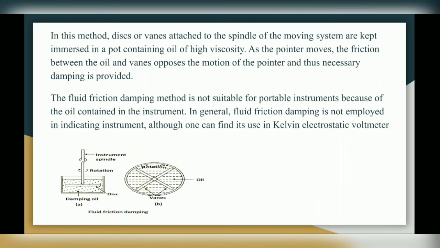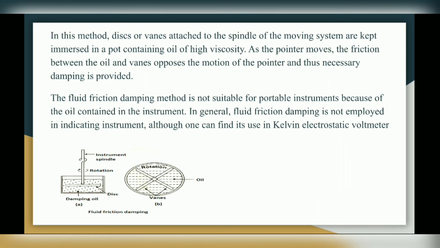You can see in this diagram there is one disc in this oil, which is called damping oil. As the pointer moves, the friction between the oil and vanes opposes the motion of the pointer, and thus necessary damping is provided.